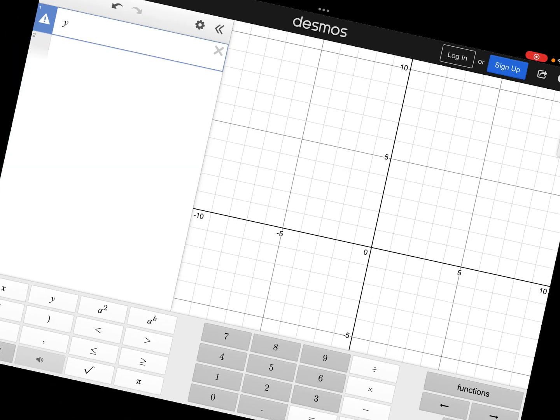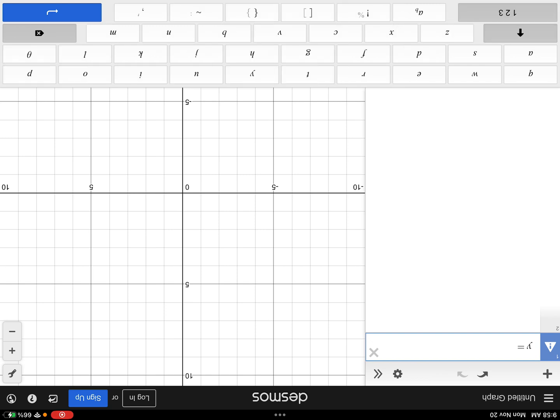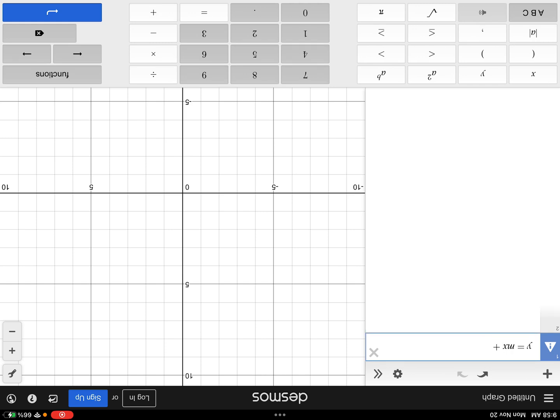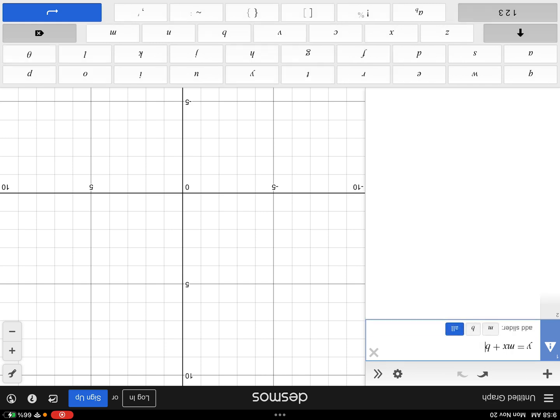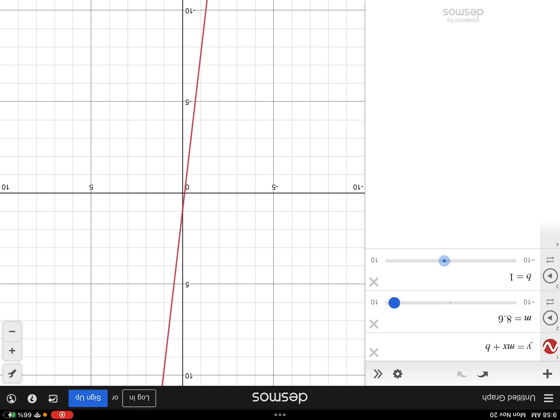So let me turn around so I can have my keyboard for a second. I'm putting everything on a slider. When I move m, that is my slope.